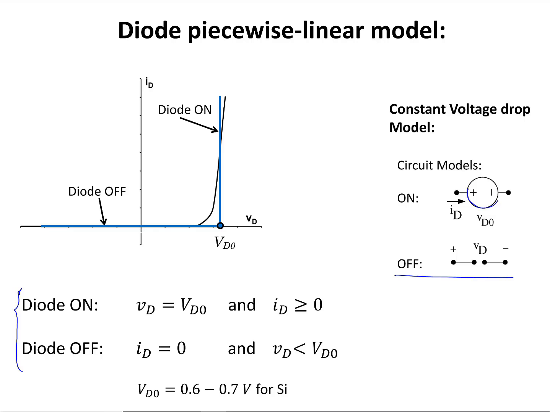That is the symbol of a voltage source with its voltage value equal to VD naught. But this doesn't mean that the diode supplies voltage. It just means that when the diode is on, a voltage equal to VD naught is dropped across the diode, and this voltage is a constant.